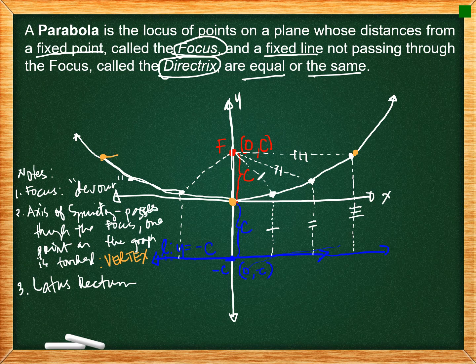If these 2 points are joined and it passes through the focus of the parabola, then we have our latus rectum. Again, the latus rectum is the segment whose endpoints are points on the parabola, and that segment passes through the focus.